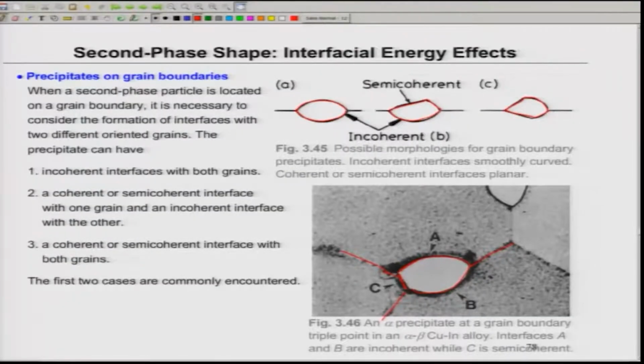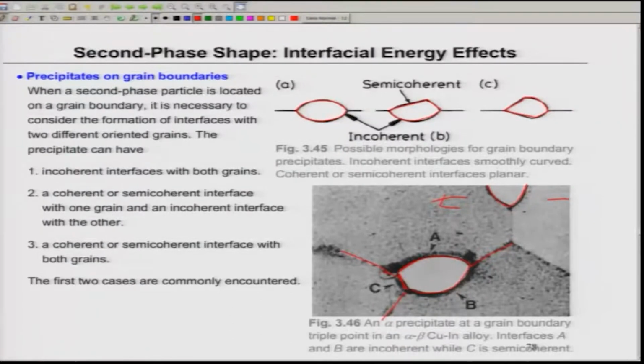The first 2 cases are very commonly encountered, the ones shown here. This is basically in aluminum copper alloy precipitates. Here you see there is another one where it is completely incoherent with both the grains. Obviously, if it is coherent or semi-coherent along a certain interface, the precipitate will like to keep that interface intact, because that interface is a lower energy interface.